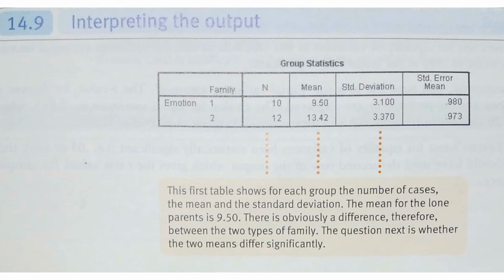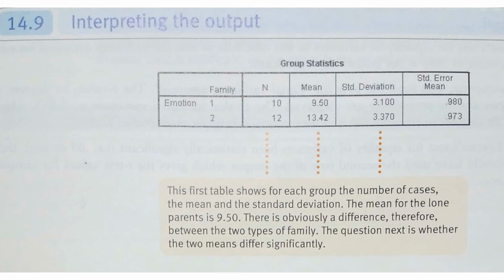And then this is the output of the independent sample t-test. The first table shows for each group the number of cases, the mean, and the standard deviation. So you're basically seeing the descriptive statistics of each of the groups. And the mean for the lone parents, for example, two types of family. One is the lone or maybe single parent. It's 9.5.